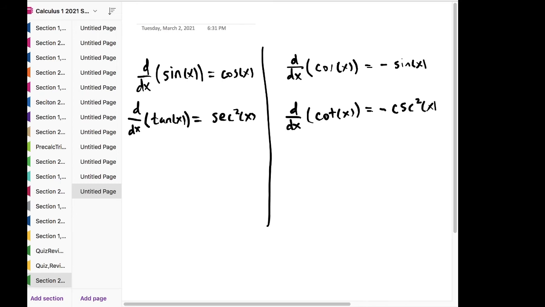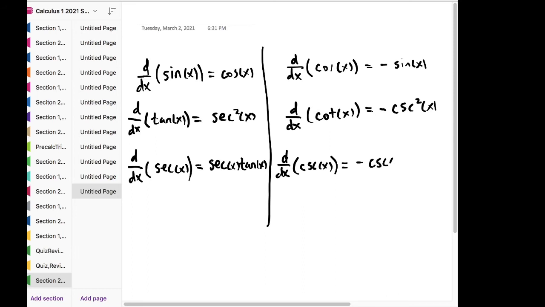What is the derivative of secant? Right, secant tangent. And what is the derivative of cosecant? Right, negative cosecant cotangent.